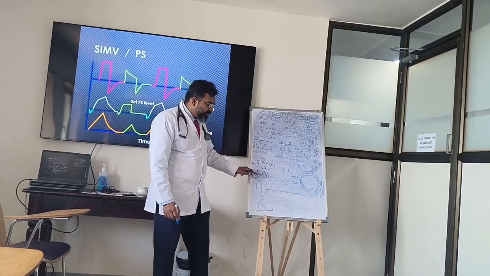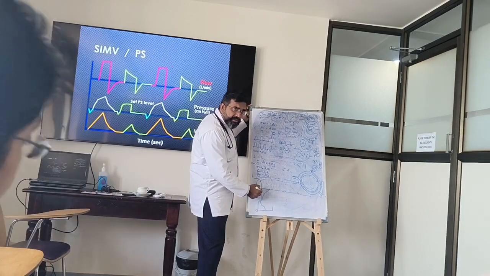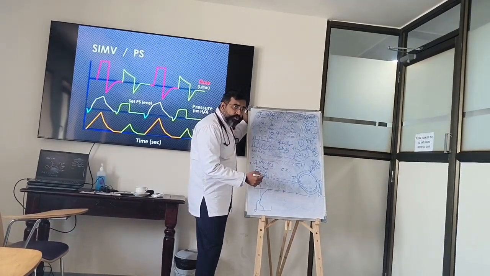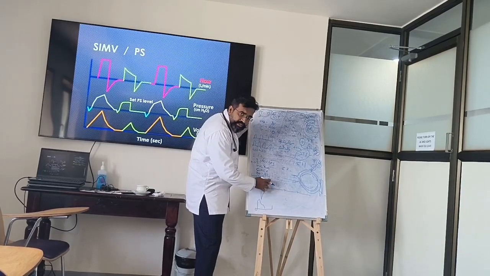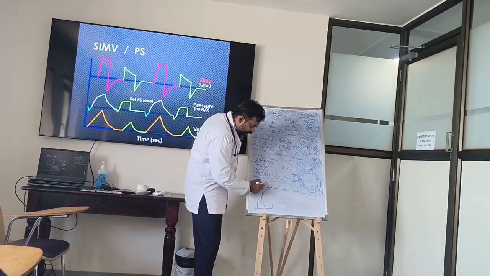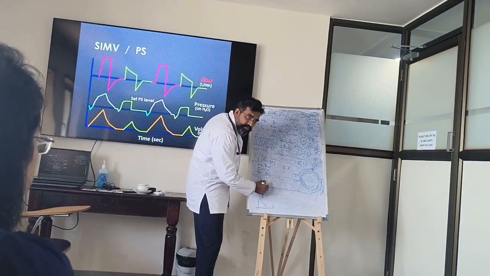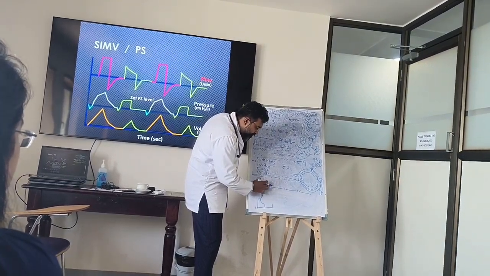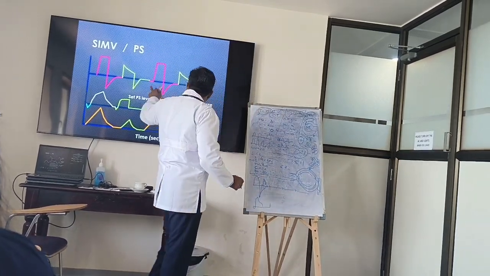Clear? Now what happens in the SIMV mode? Once it goes into inspiration, the patient is going to take a breath. He may take a breath here, he may take a breath here, thinking this is the graph. But the expiration might end here and he may take a breath here. If he takes a breath here, what will happen? It will give a pressure supported breath. This breath.